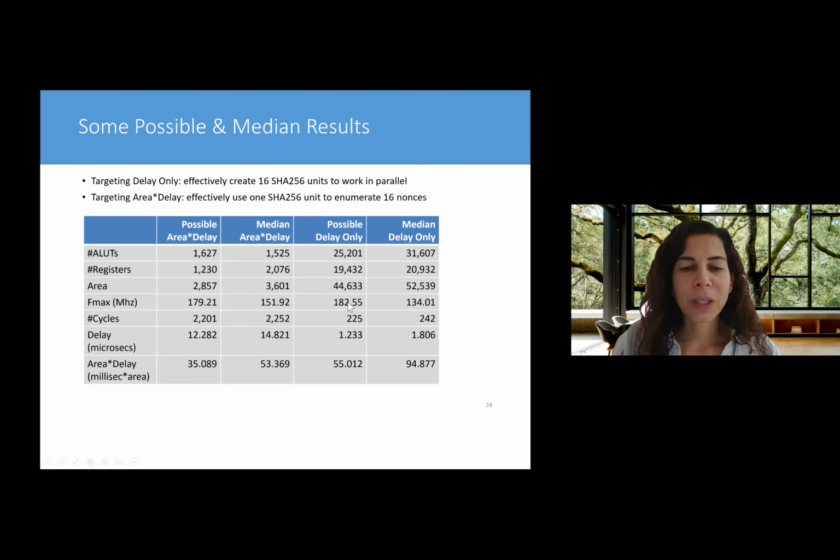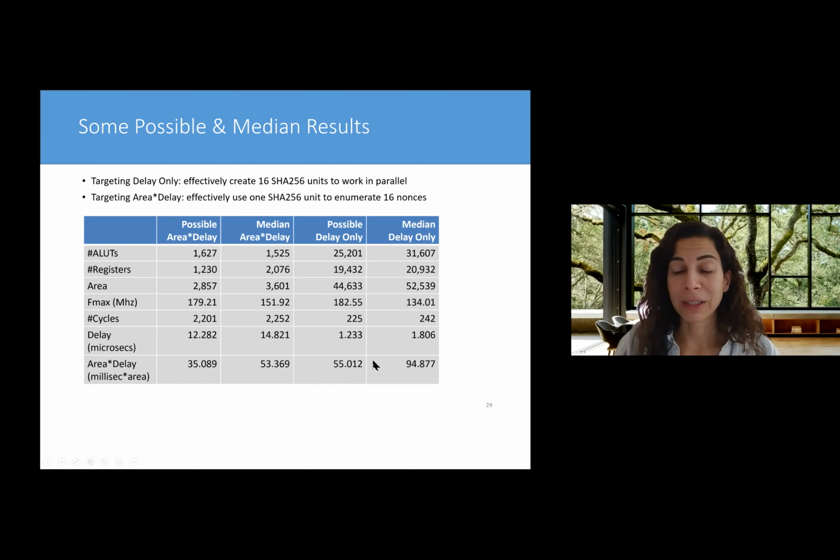And the area delay is actually optimized for this, but the median result people got was this. This is possible to get on the parallel implementation, but this is the median of what people have got. So people didn't do all the possible optimization.